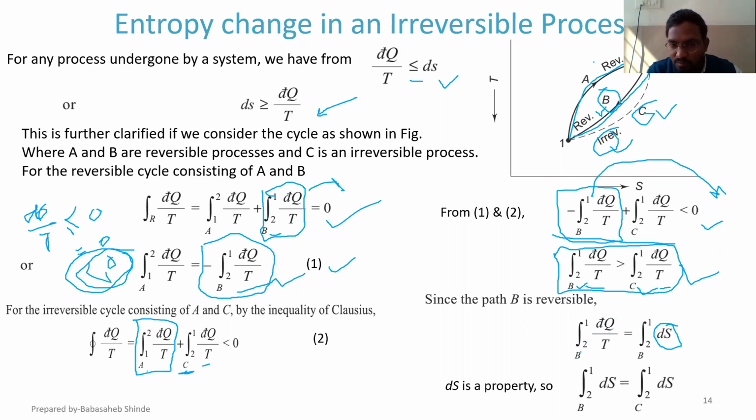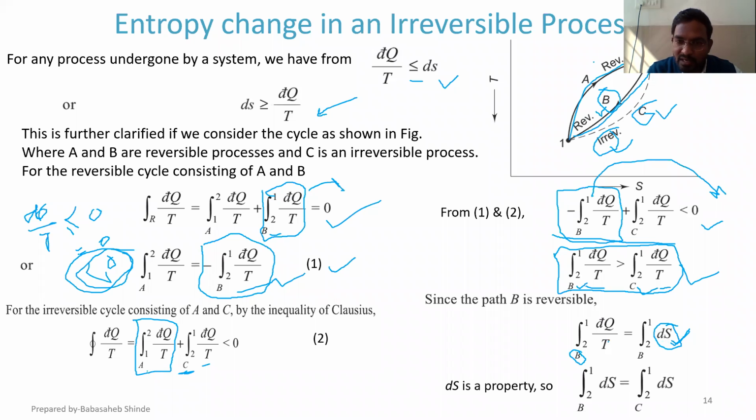This path is reversible, so this dq by T can be replaced by dS, that is change in entropy. So I have written integral 2 to 1 along B of dS.